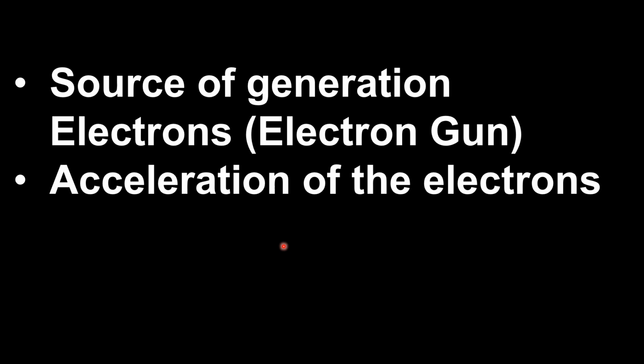So the stream or beam of electrons which is generated in the electron gun, which is the electron generation source, is accelerated in the X-ray device.